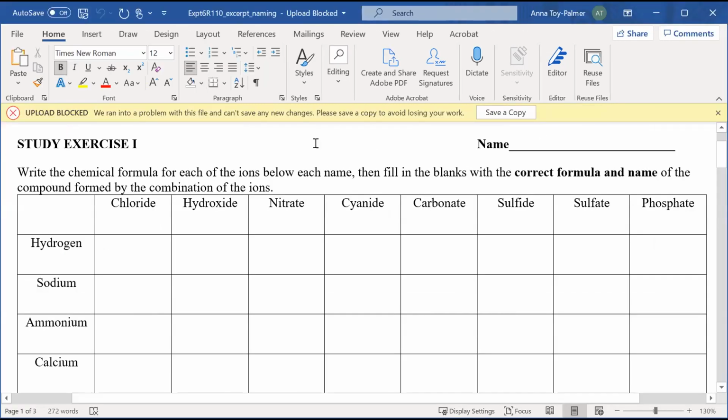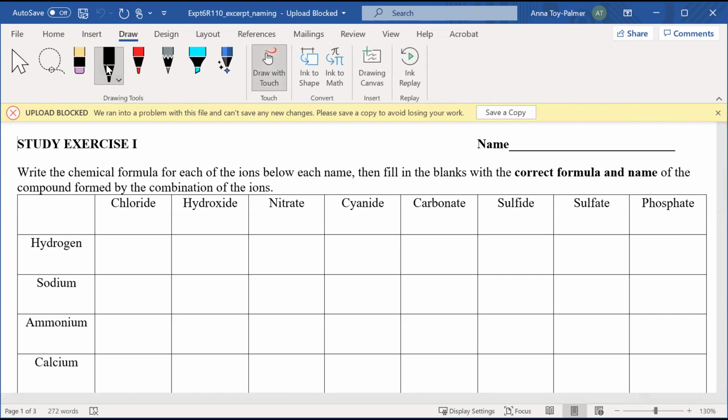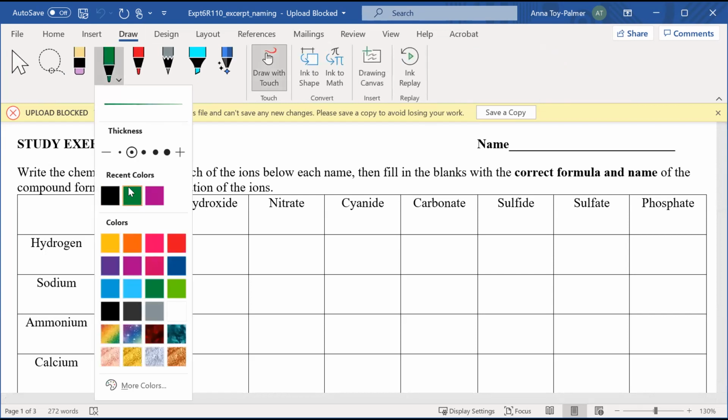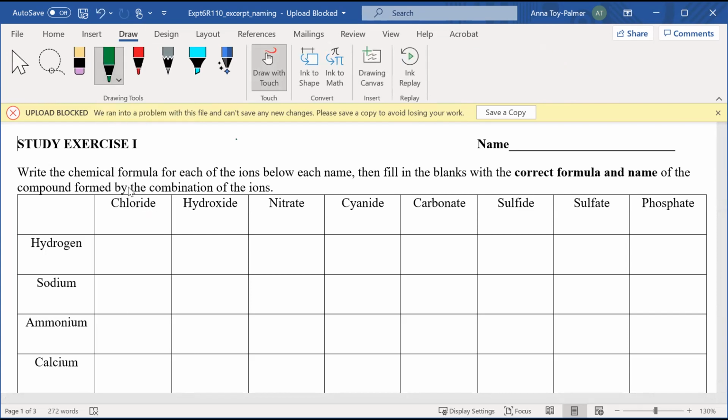it is tiny, tiny, tiny. So it's going to be hard to fill everything in. Do your best, or what I highly recommend is just doing it on a second piece of paper, okay? Because it just makes life easier. But this is what they want you to do. You're going to write, these are all your anions on the top row: hydroxide, nitrate.